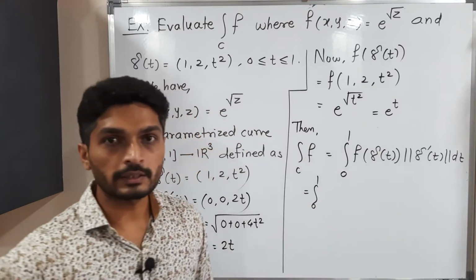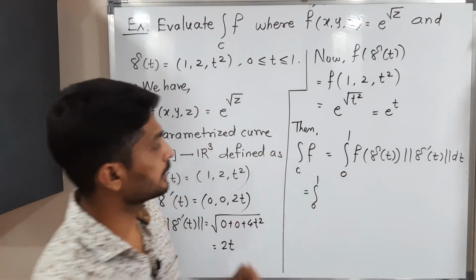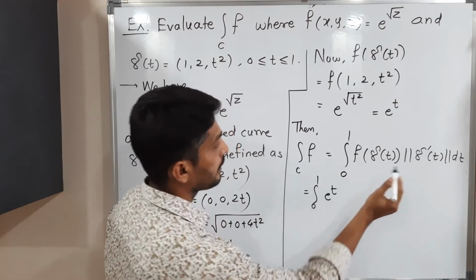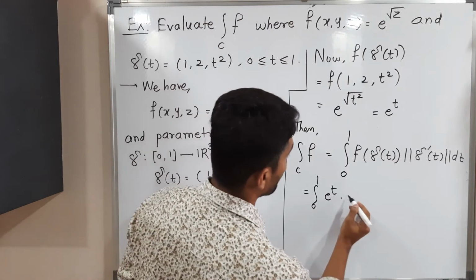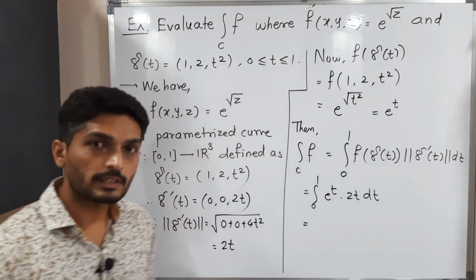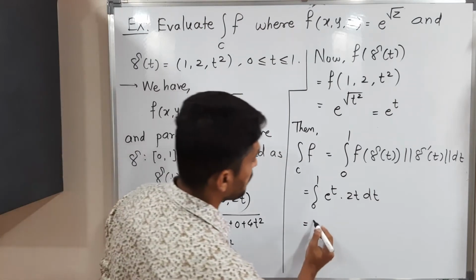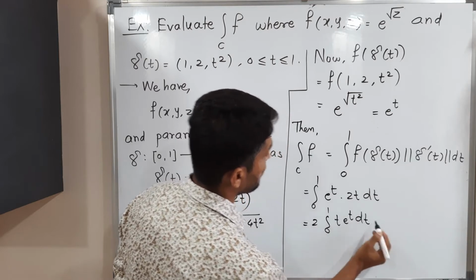Already we have calculated their values. So let us put f of gamma of t, it is e raised to t, and norm gamma dash of t is 2t, dt. See, 2 is a constant, it will come outside. So we have 2 times the integration from 0 to 1 of t e raised to t dt.